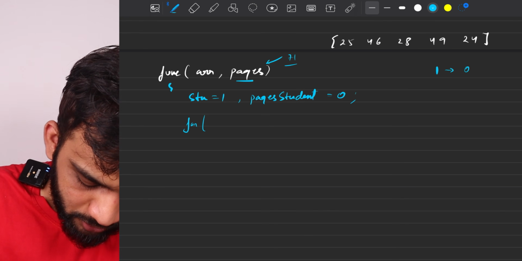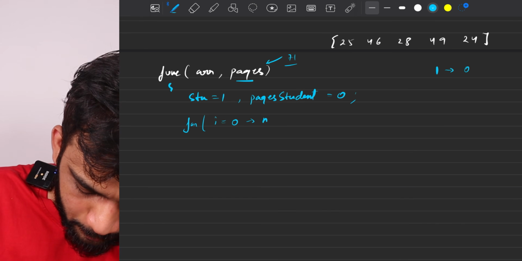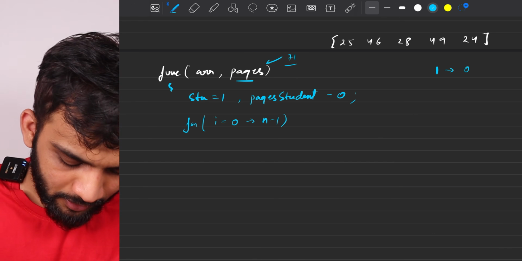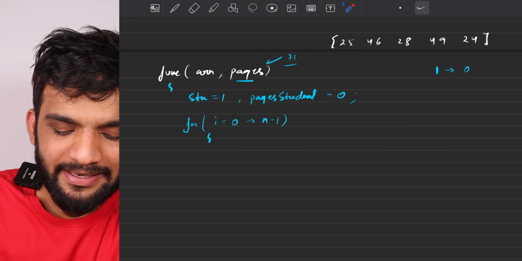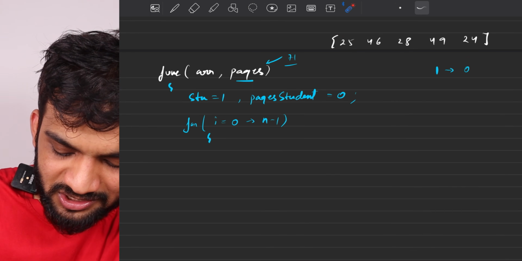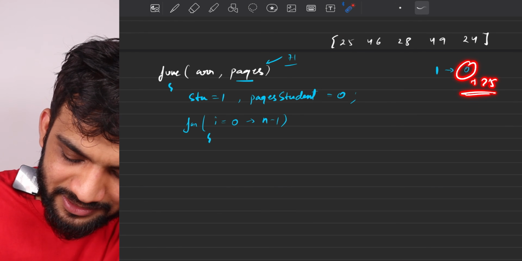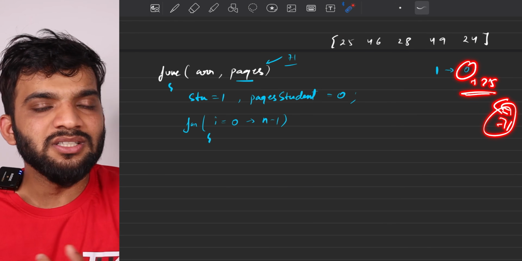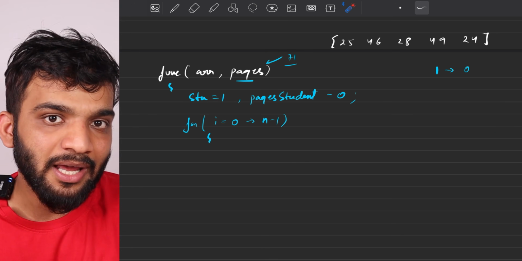Let's quickly write down this. So I'll be going through all the books, which is from 0 to n minus 1. What do I say? When can I take this 25? If this 0 plus 25 is under 71, because that is the maximum he can hold.